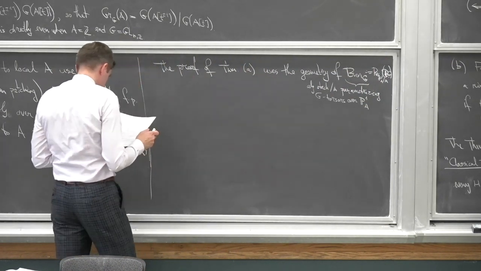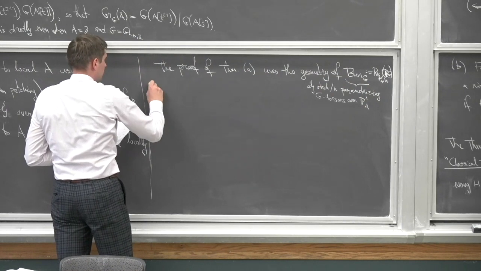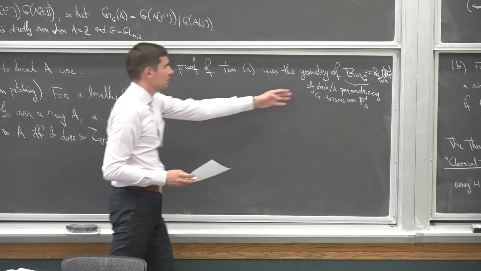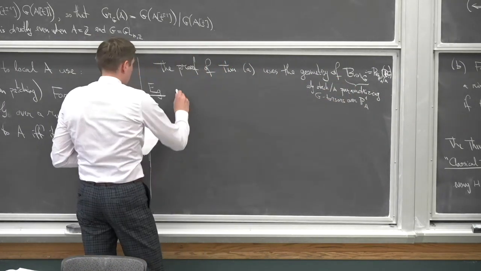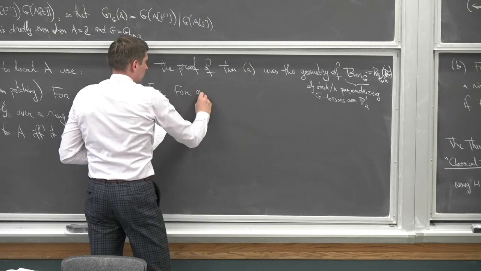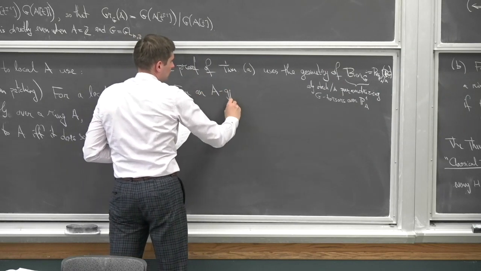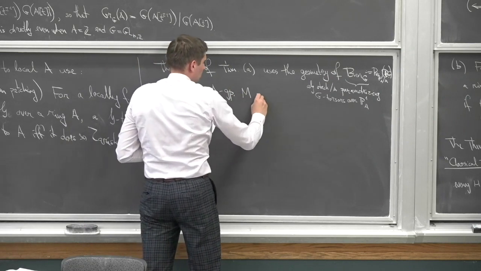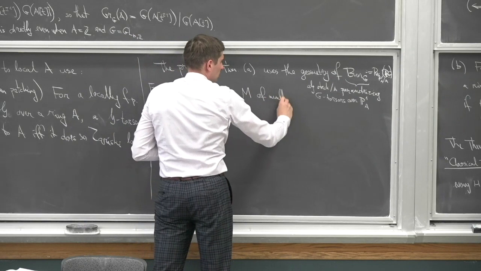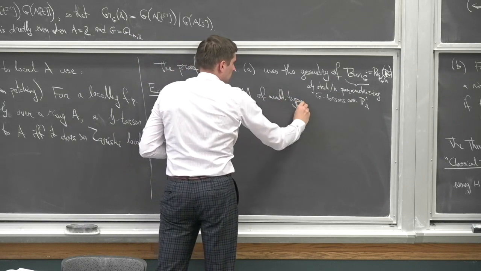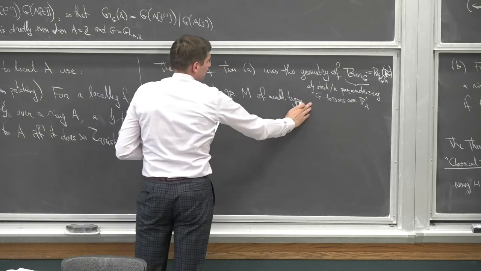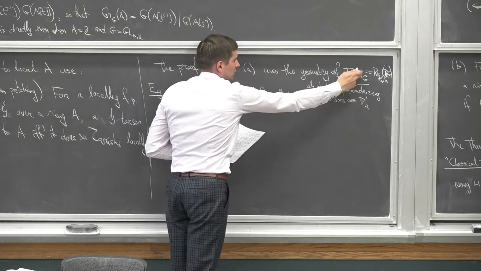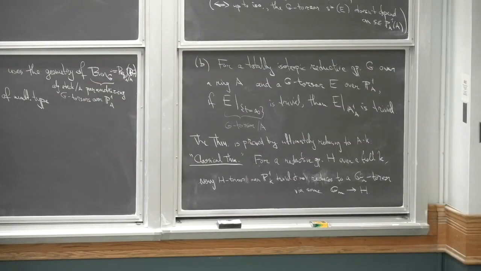Okay, so this is very well studied, and there's a lot of context. Just as an example, how will we use this kind of geometry? Let me describe the stack in a very simple case. Instead of a reductive group, take a slightly simpler situation: if we have a group M of multiplicative type, and we want to understand M-torsors over P^1, so we want to study the points of Bun_M.